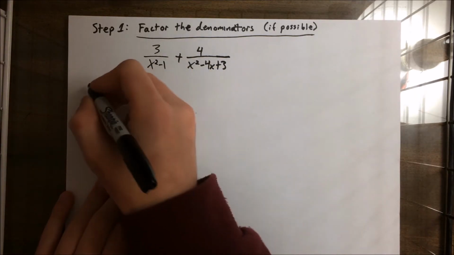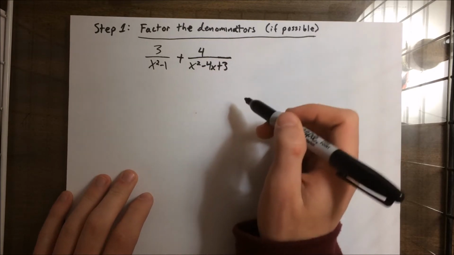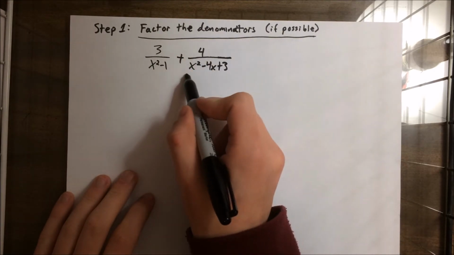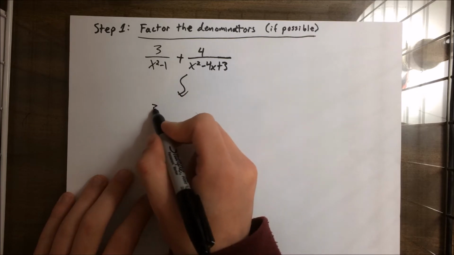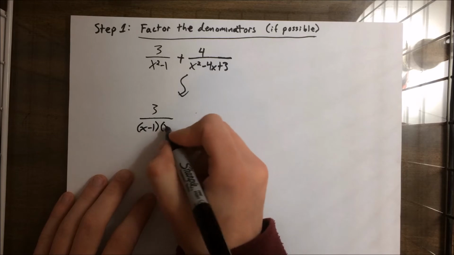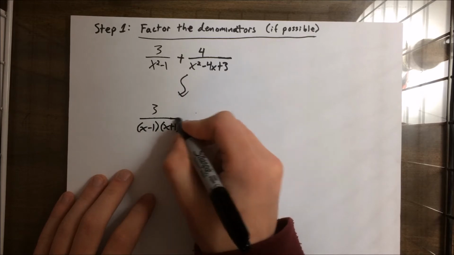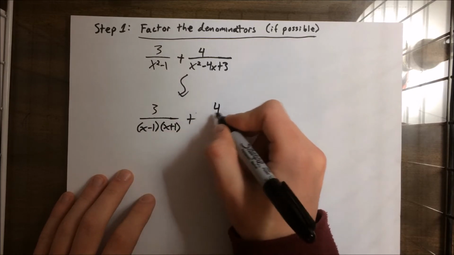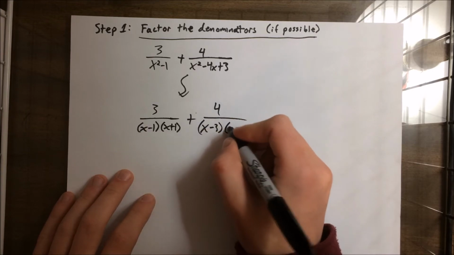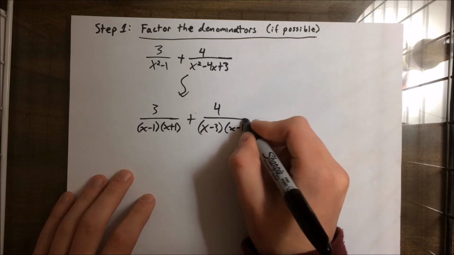Okay, so step 1 with this is to factor it. So I'm going to go ahead and factor it. So 3 over x minus 1 times x plus 1, plus 4 over x minus 3 times x minus 1.